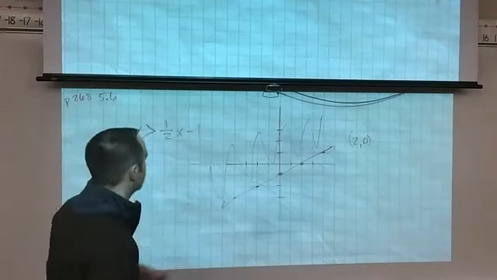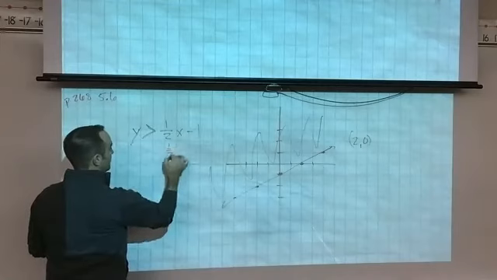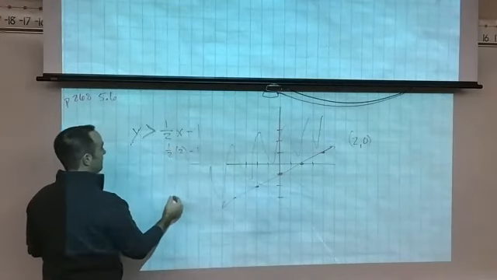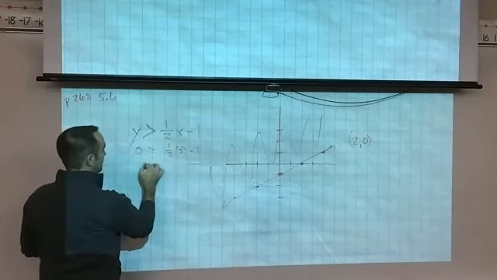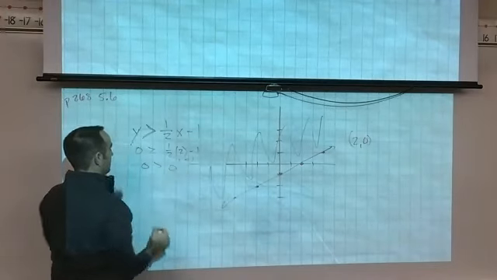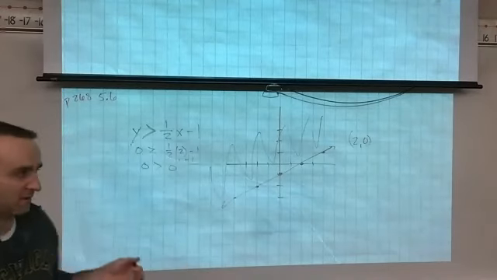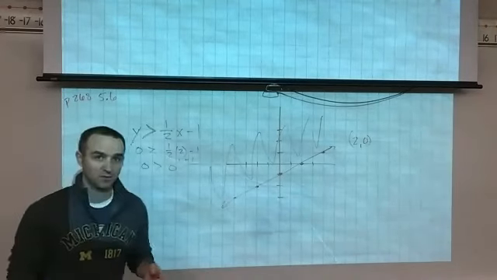Okay, I see some yeses, some nos. Let's plug in a 2 and a 0. That's 1/2 times 2 minus 1. So 0 is greater than, that's 1 minus 1, is 0. Is 0 greater than 0? No, 0 is not greater than 0.